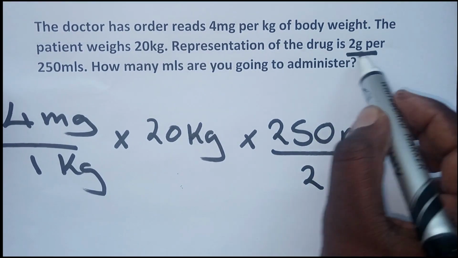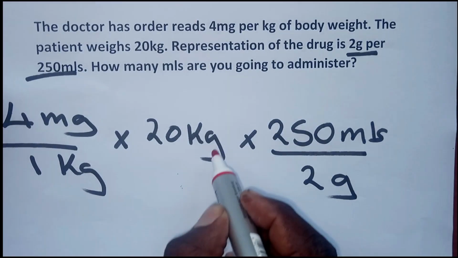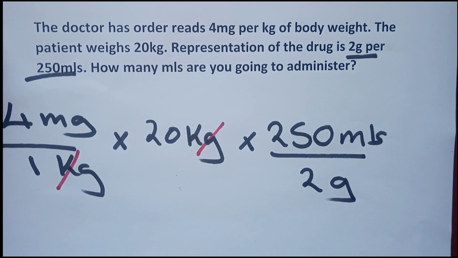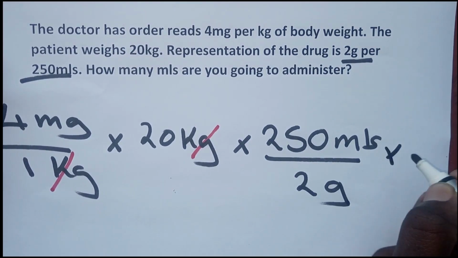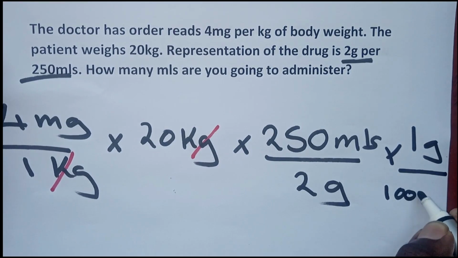Now, if you look at this, if you cancel out kg and kg, you are going to remain with milligrams and grams. So here is where you need to bring in another conversion factor, which is that for every 1 gram there is 1000 milligrams.